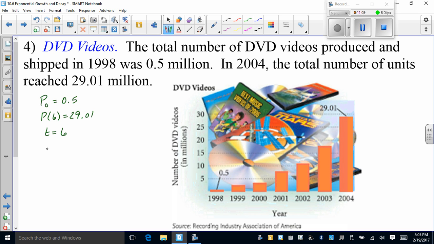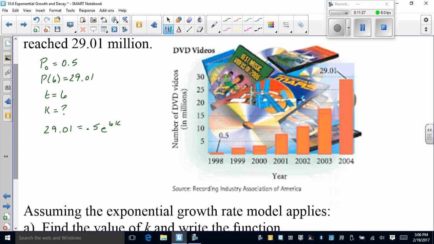So 29.01 equals 0.5 e to the 6k power. Divide by 0.5, divide by 0.5. We get 58.02 equals e to the 6k.